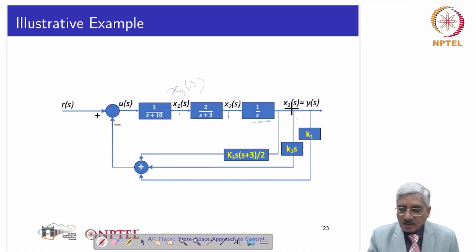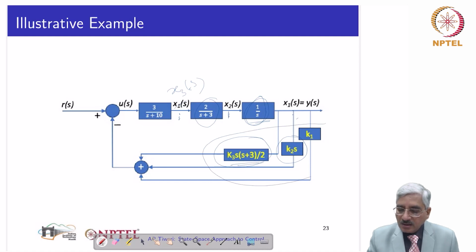And so those blocks are modified. Instead of k2 it becomes k2 divided by the transfer function, so it is k2 s. And this takeoff point has been moved here, so we have k3 divided by this transfer function and this transfer function, so we have this.